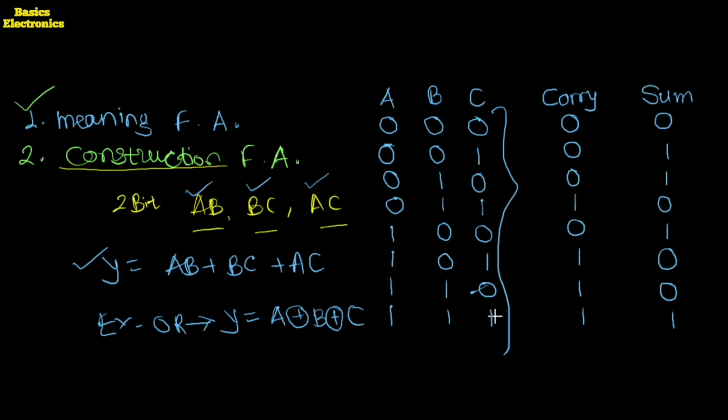You can take either the combination 1 0 1, or the second combination 1 1 0, or you can take 1 1 1. Two input combinations you have to use, and accordingly you have to write down the output, carry and sum. After that you have to draw the truth table.